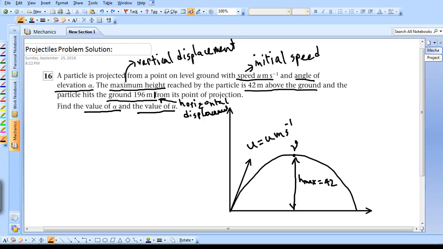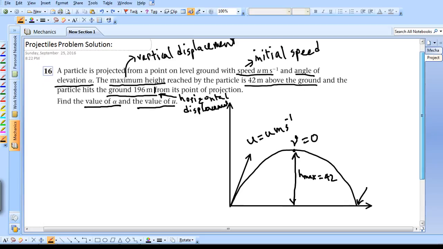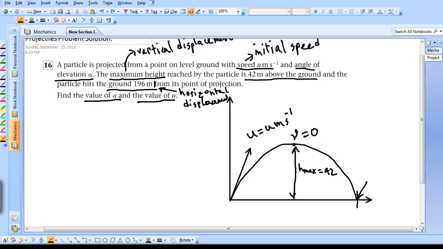Here the corresponding final velocity would be 0. Here the horizontal displacement, which we will denote by x, is 196 meter, horizontal displacement along the x-axis.